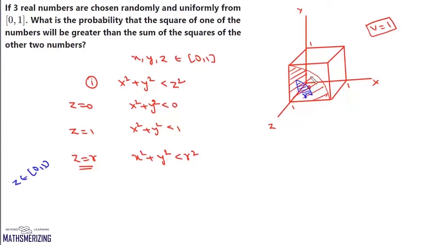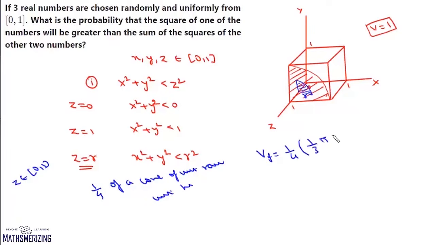So if z varies from 0 to 1, this actually will represent 1/4 of a cone of unit radius and unit height. So this favorable volume will be given by 1/4 times 1 upon 3 pi r square h, which is simply pi by 12.